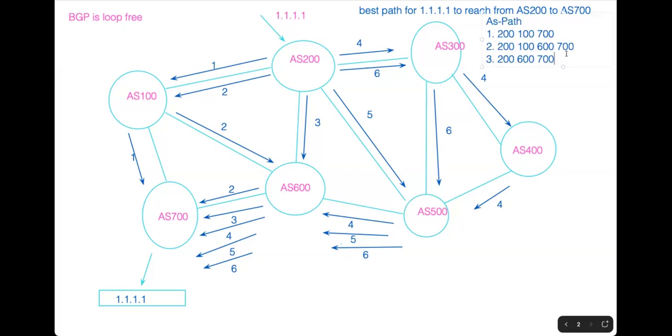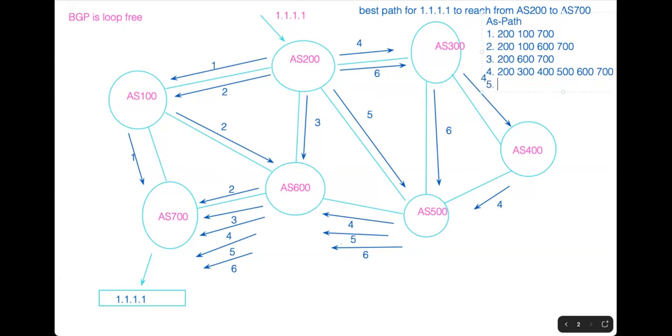Okay. Further, now I'll take the fourth one. The fourth one is very, very lengthy: 200, 300, 400, then 500, then 600, then it is reaching 700. Then we have the fifth path.